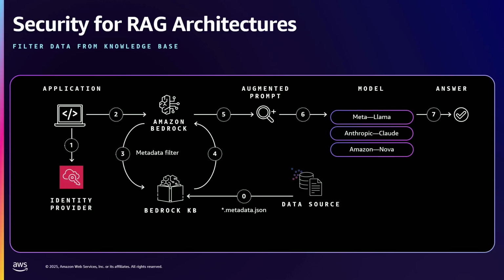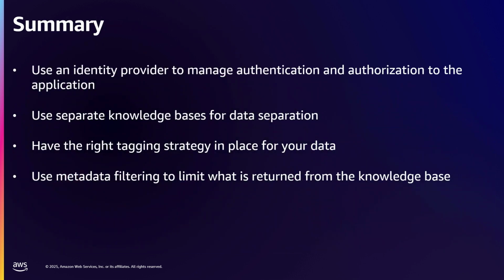Now, these are the 3 patterns we see out there that we recommend to our customers. Just to summarize, first of all, you want to use an identity provider to provide authentication and then perform authorization at the application layer. The second recommendation we mentioned is use separate knowledge bases. If you have the right data strategy in place, you know your data, you want to use separate knowledge bases to perform data separation.